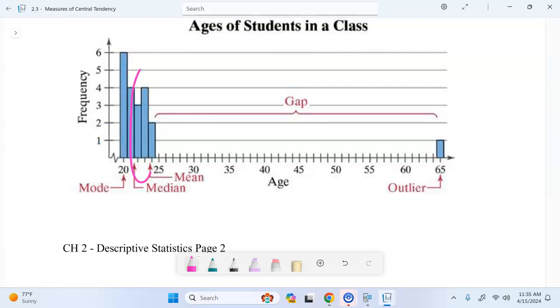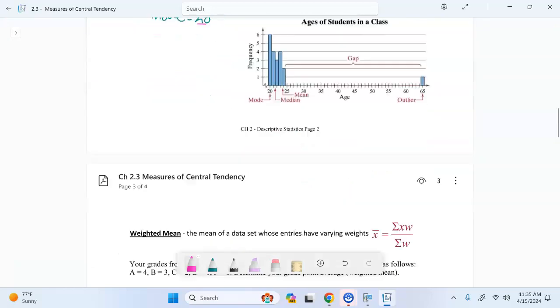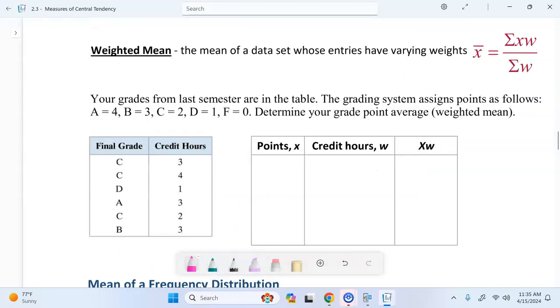Our middle is somewhere over here. And so we have that median located there, but because of this big old outlier, our mean got pulled to the right. It's close to our middle, but it's not the best measure of the middle because of the existence of that outlier. And we're going to have a more formal way of identifying outliers at the end of the chapter as well.